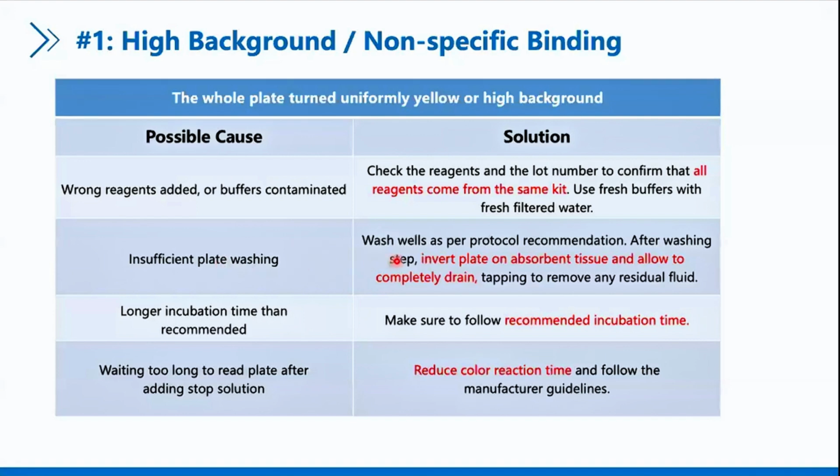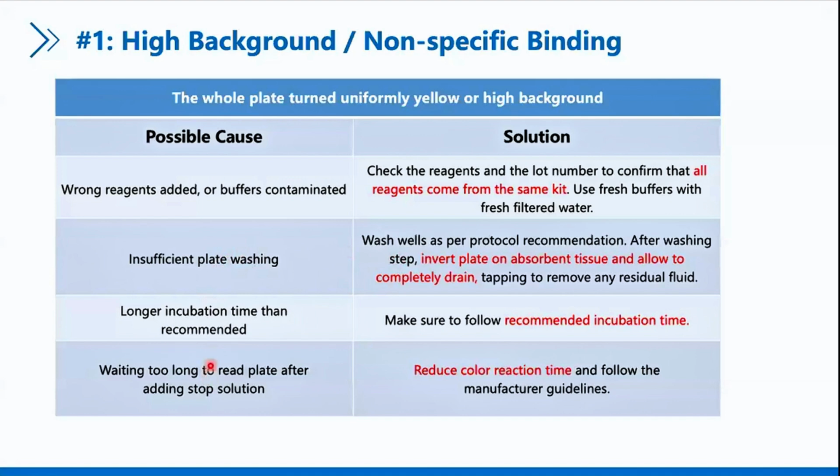When we do the washing, we can invert the plate on absorbent tissue and tap the plate to remove any residual fluid and allow the plate to completely drain. With this, and a consistent washing step during the whole ELISA experiment, you can have enough washing to get rid of the noise.